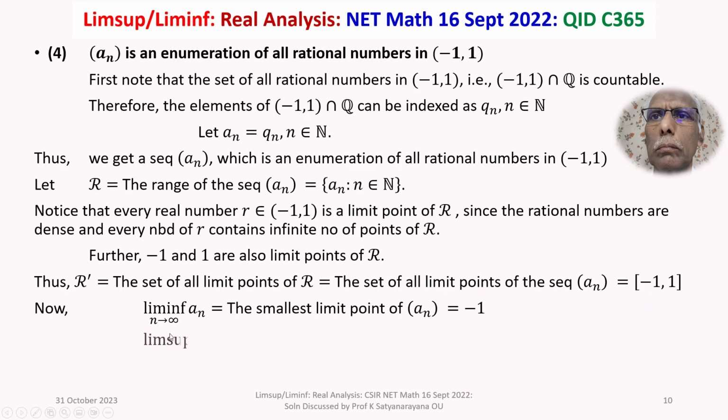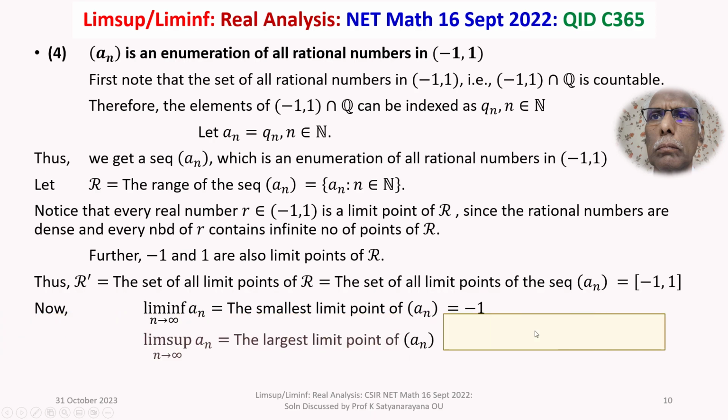And the limit superior is equal to the largest limit point of the sequence An, that is +1. So the limit inferior of An is -1, the limit superior of An is 1, and it satisfies the identity. What's the identity? Limit superior is equal to minus limit inferior of An.